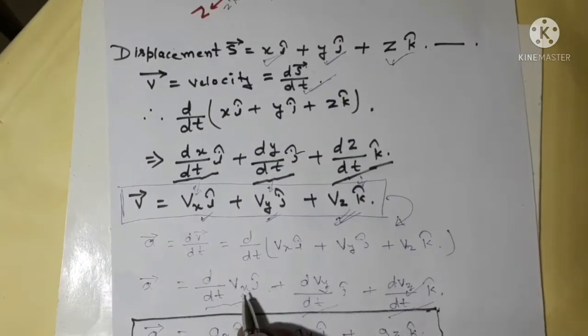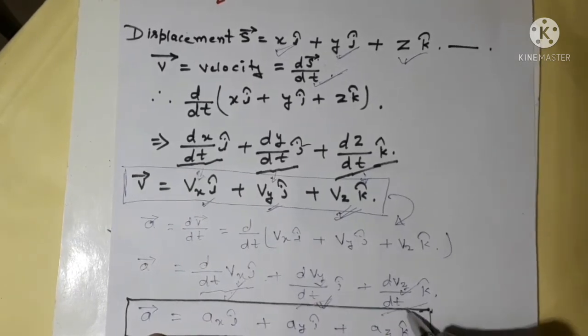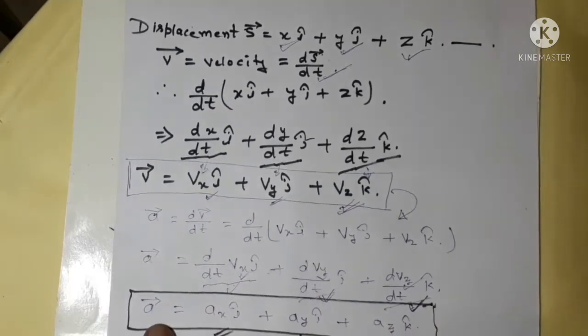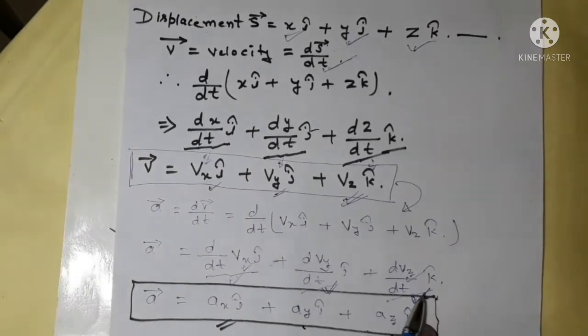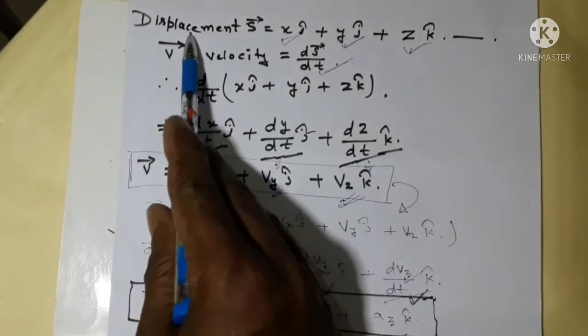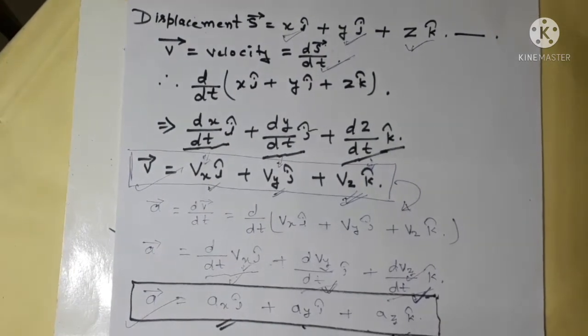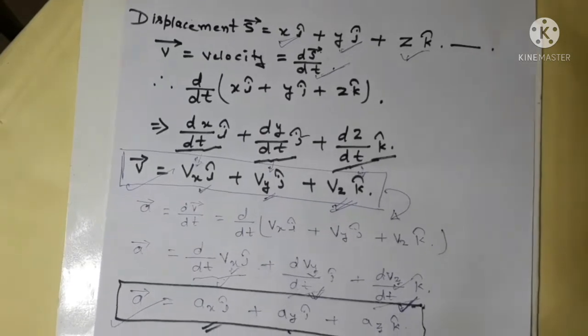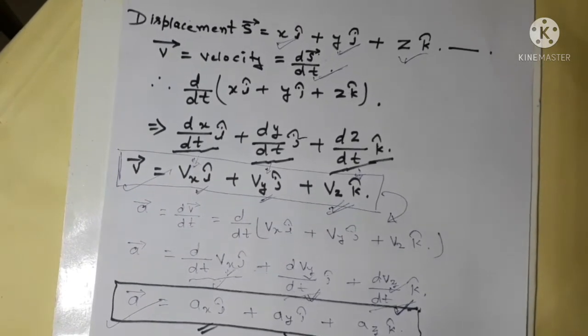This is x-axis acceleration, this is y-axis acceleration, this is z-axis acceleration. Now finally written like this. Here from displacement we find velocity and acceleration. Now I will see the distance time graph.